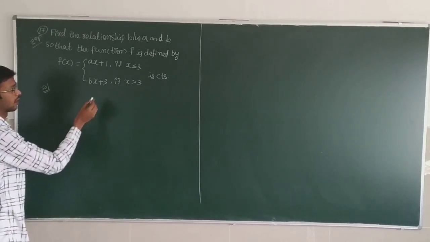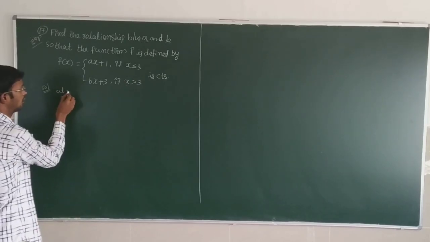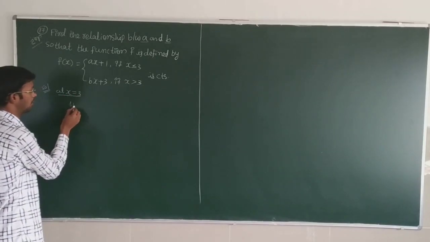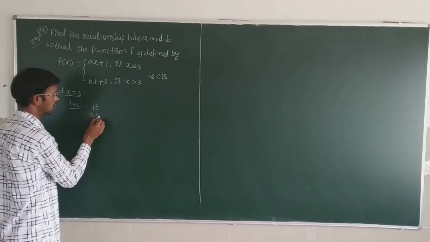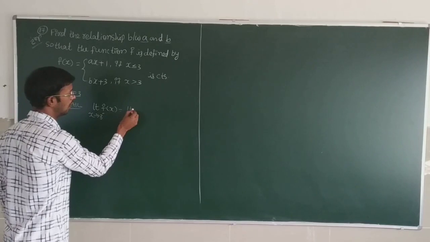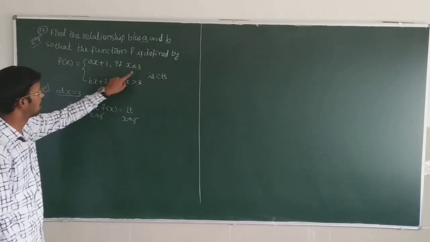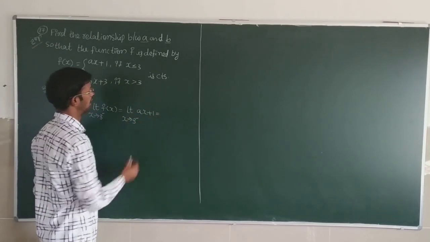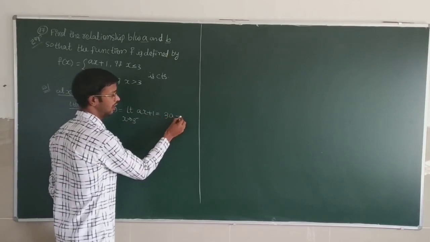First of all, they are telling us it is already continuous, so I will check at x is equal to 3. At x is equal to 3, LHL: limit x tends to 3 minus f of x is equal to limit x tends to 3 minus, for x less than 3, ax plus 1. Substitute x is 3, you will get 3a plus 1.